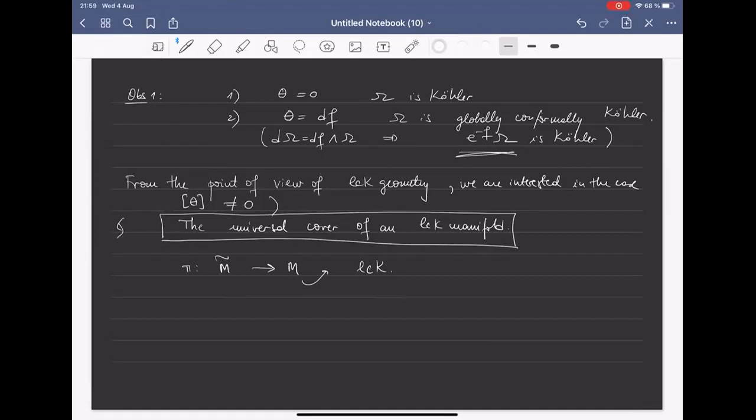So on M, we know that we have a Hermitian metric omega satisfying d omega equal to theta wedge omega. Now, what happens if we pull back the Lee form theta to the universal cover? Since the universal cover is simply connected, then this pullback is a globally exact one-form. So it's the differential of a globally defined function f.